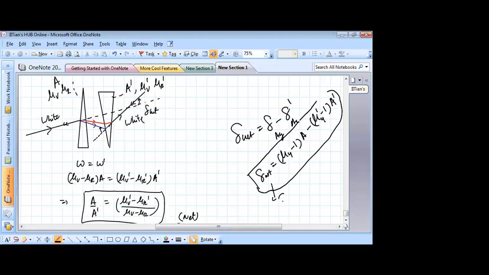So this term should not be 0 because we want this. But this condition should be satisfied so that there is no net dispersion. But there is deviation.